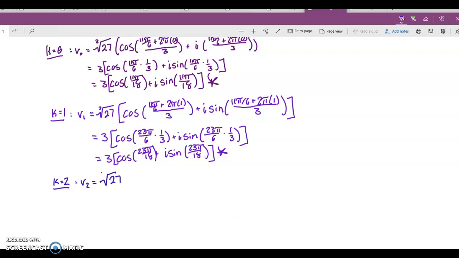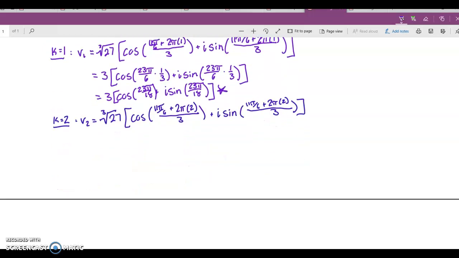Cube root of 27 times the cosine of 11 pi over 6 plus 2 pi times 2 all over 3 plus i sine of 11 pi over 6 plus 2 pi times 2 all over 3.